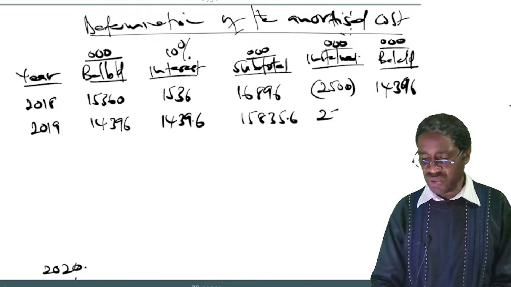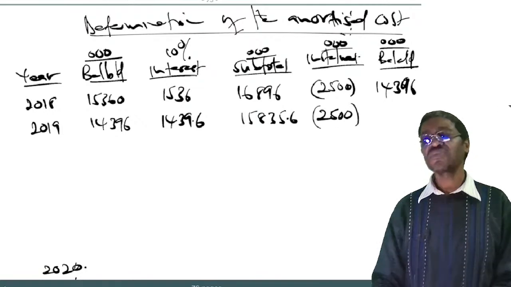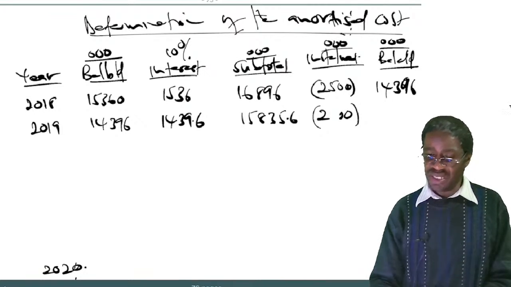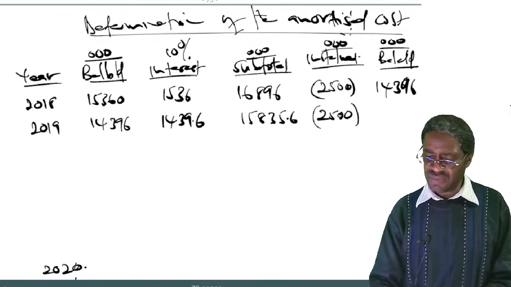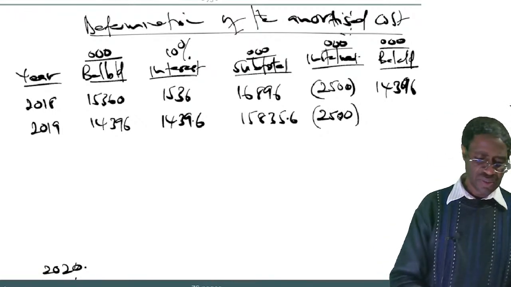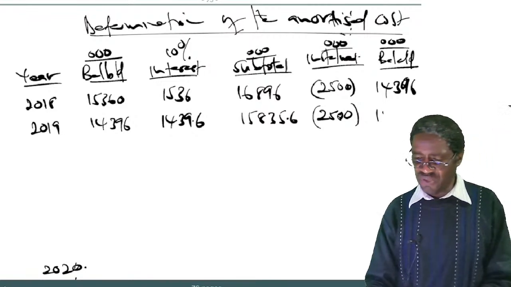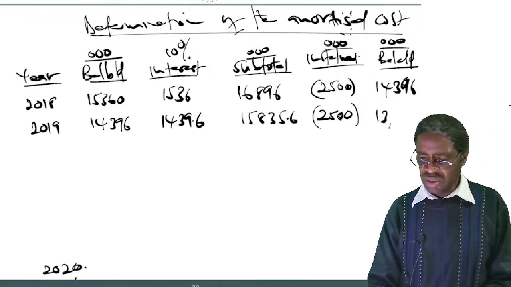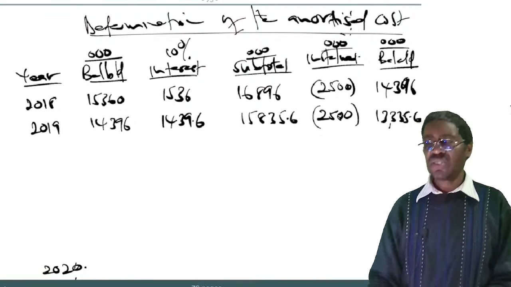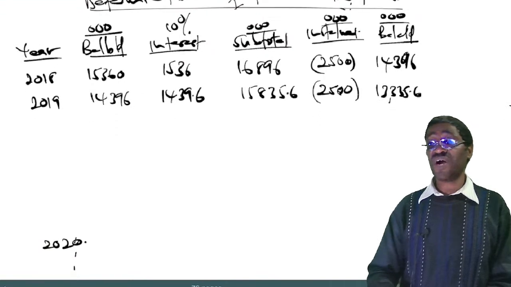Then we pay 2,500. We pay 2,500 as the installment at the end of the year. So we are carrying down a liability of how much? I'm carrying down a liability of 13,335.6.